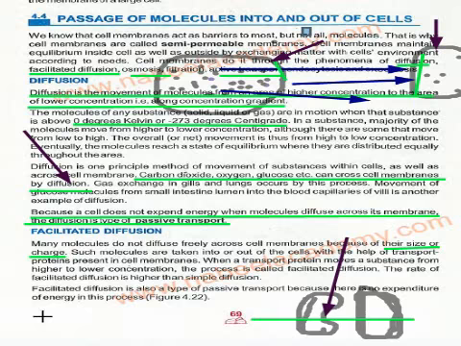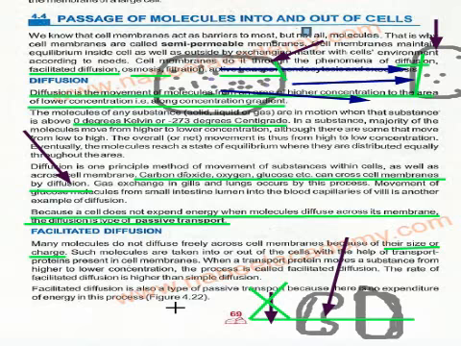Why? Because their charge is different, or their size is bigger. They cannot come in directly, so they use the transport proteins.